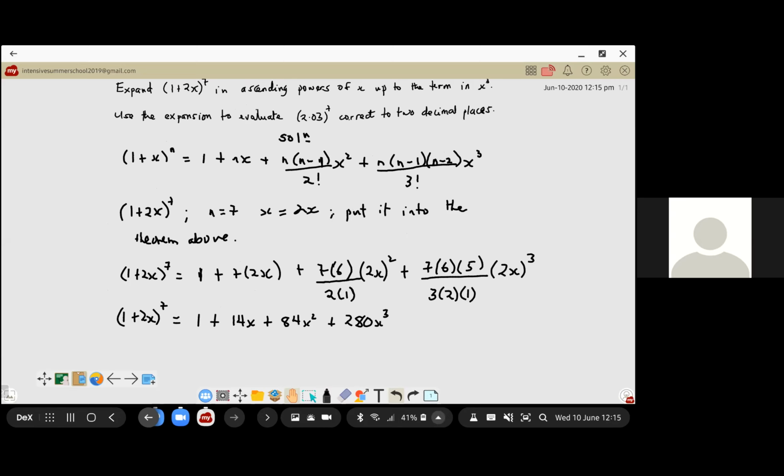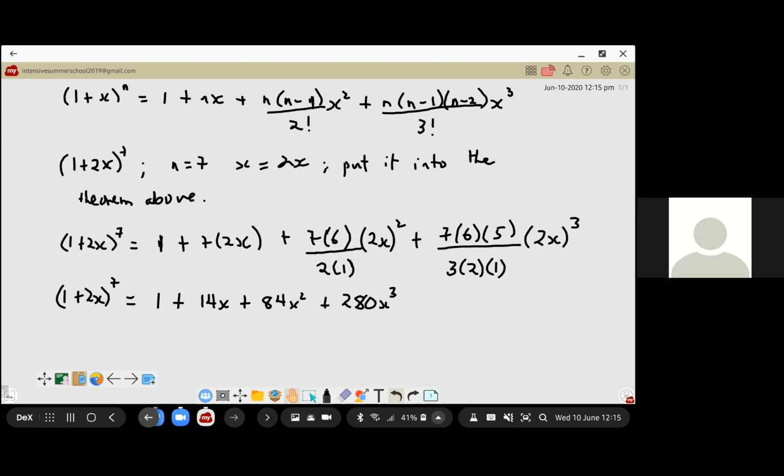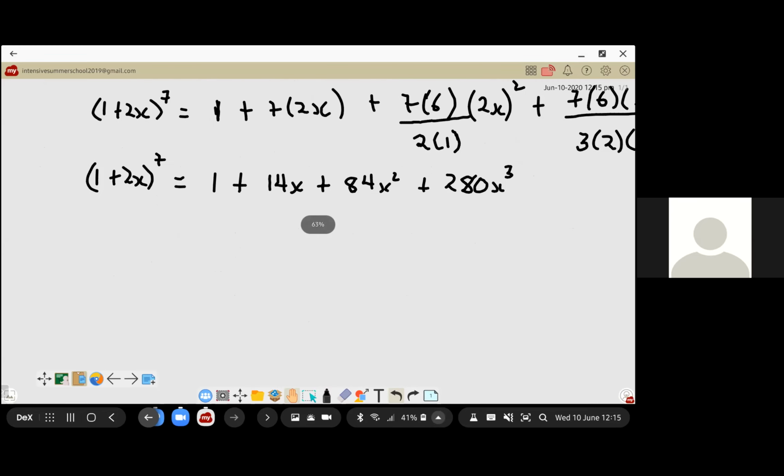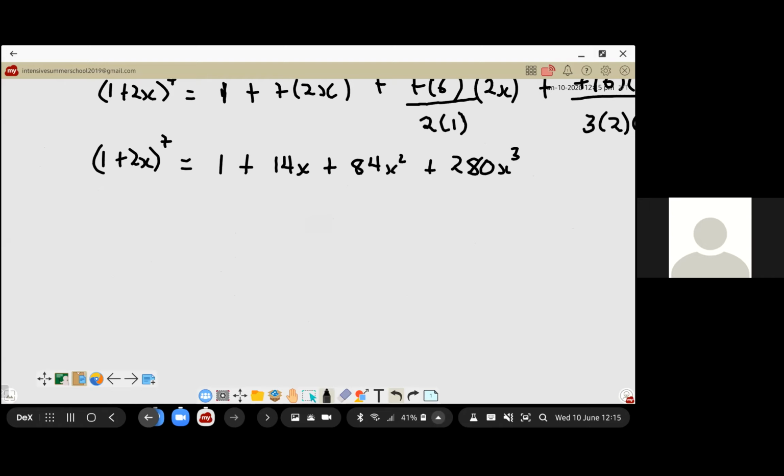Please, you change the 2.03 to 2 plus 0.03. We'll change 2.03 raised to the power 7 to (2 + 0.03)^7.